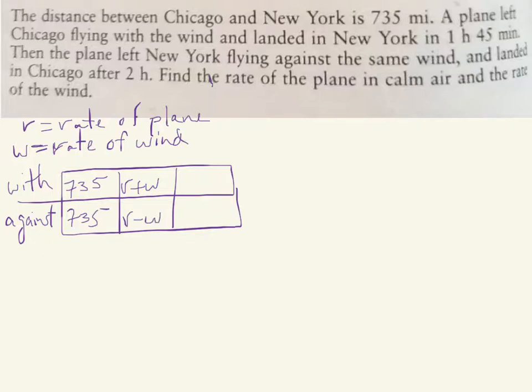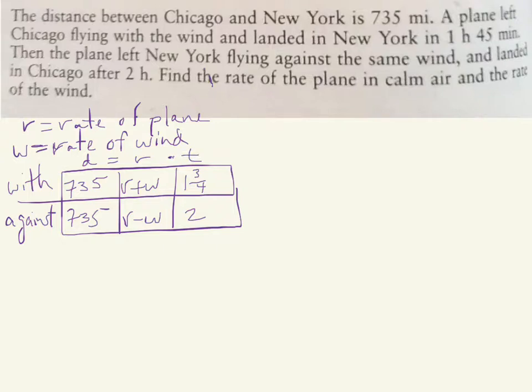Now, when they were flying with the wind, it took 1 3/4 hours. And against the wind, it took 2 hours. So remember, distance equals rate times time. That's a times.